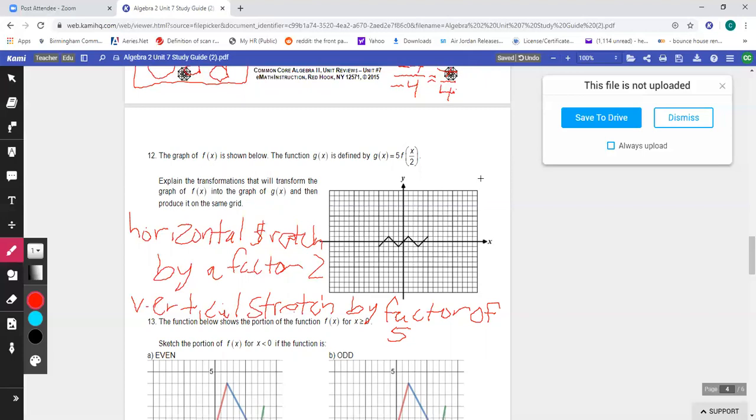For example, the point -5, -1. I multiply it by 2 in the x direction, and I multiply it by 5 in the vertical direction. So this would be -10, -5. And so that would be right here.